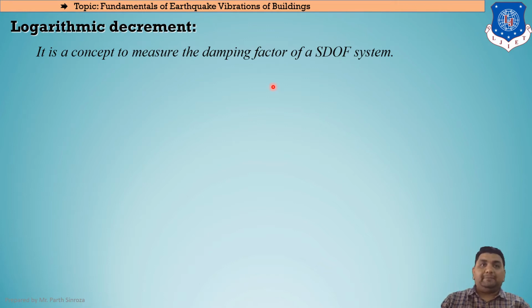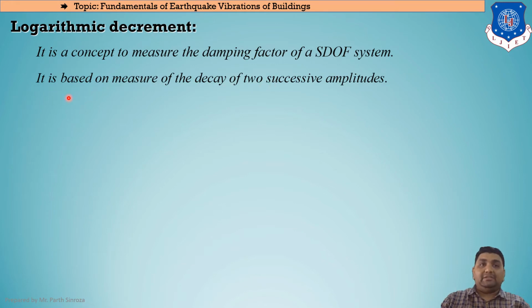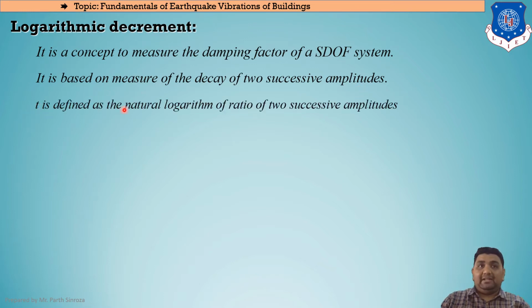Clear? The second thing is that it is based on the measure of decay of two successive amplitudes. We will be seeing that through a figure. And the third, it is defined as the natural logarithm of the ratio of two successive amplitudes.